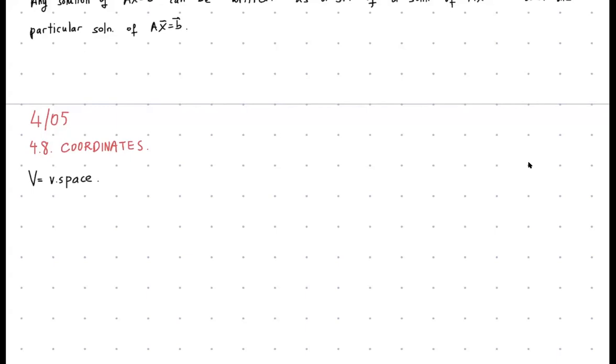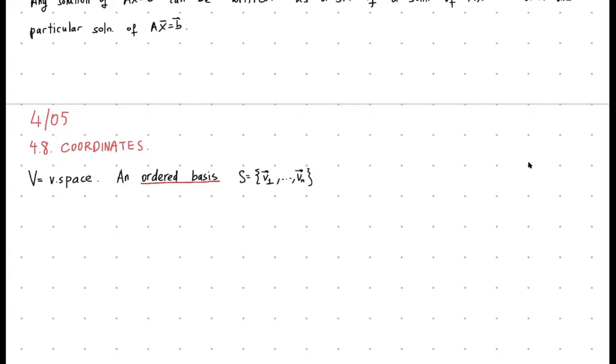Doesn't matter. And we take an ordered basis. This is a new term, ordered basis. So what does it mean? This term is important. Let's take vectors v1 up to, let's say, vn.